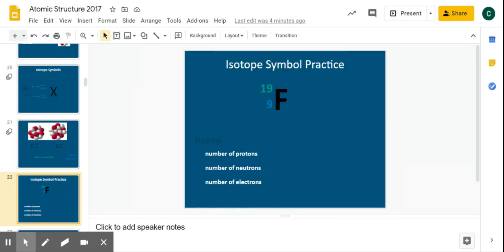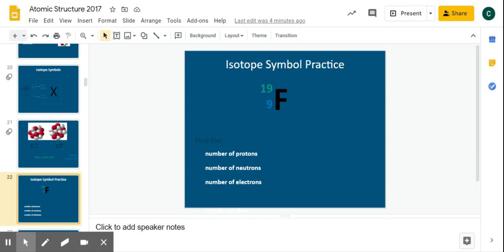So a quick little practice. I would see if I could pause here and see what you can figure out based on what we just talked about. So here's an element fluorine and an atomic number of 9 and a mass number of 19. So pause here for just a second, or if you can just do this real quick in your head, you may not even have to pause it while I talk. And see if you can answer the following. It says find the number of protons, number of neutrons, and the number of electrons.